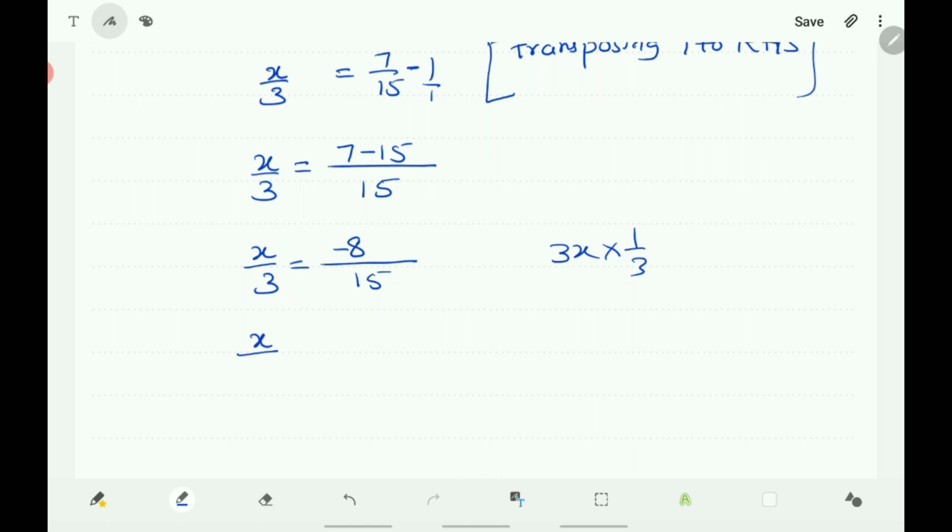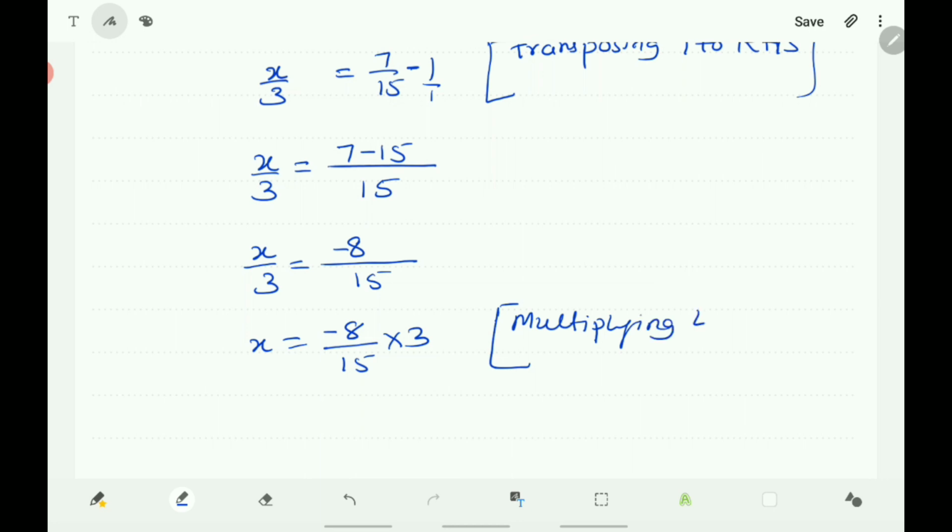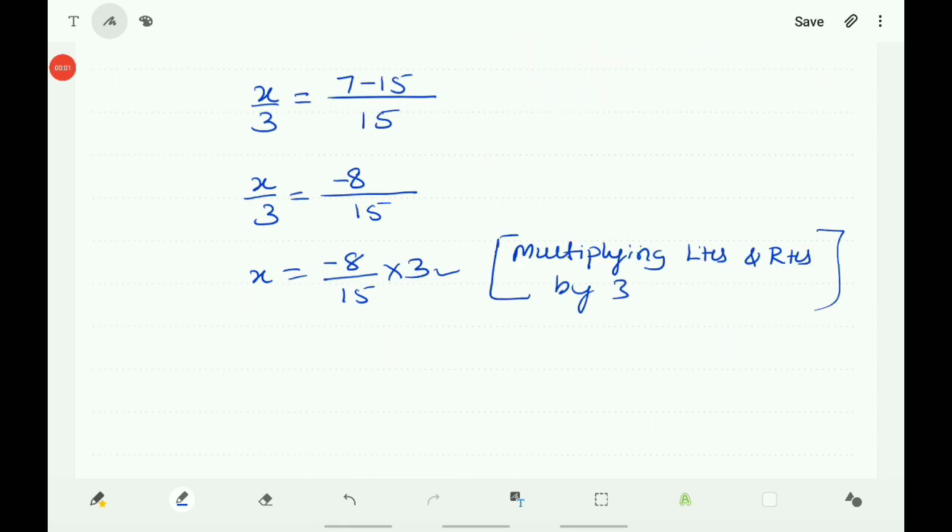So you will get x is equals to minus 8 by 15 into 3. And indirectly, what is it? Multiplying LHS and RHS by 3. By multiplying both LHS and RHS by 3, you got x equals minus 8 by 15 into 3.